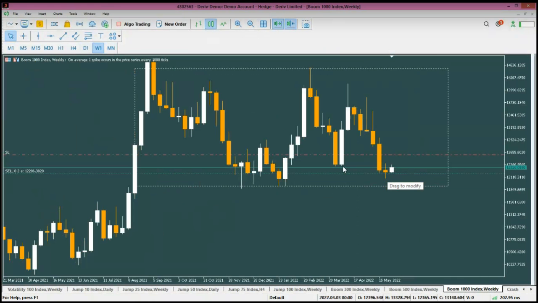Once again, I emphasize this zone here because this zone was the demand zone. The sellers and the buyers were competing. They were indecisive.